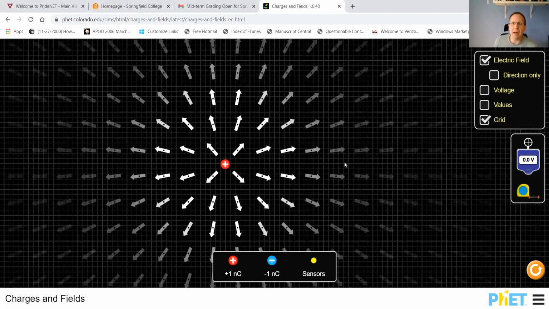And notice what it does automatically is it shows you the electric field at several different points. And when it fades here, that just means the electric field is getting weaker and weaker. So it's stronger near the charge and weaker away from the charge. Okay, but we're not really going to need it. It's kind of fun to play with, but let me turn that off for now.